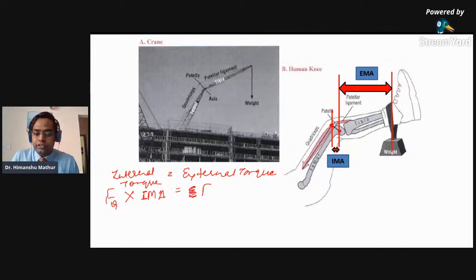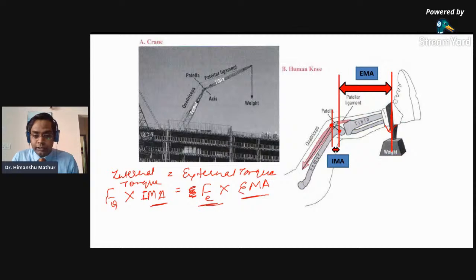I would rather write it as force E times the external moment arm. The external moment arm is the distance from the fulcrum to the external weight, which is mentioned here. This is the external weight, and this is the perpendicular distance, the external moment arm. Now, by cadaveric studies we know the internal moment arm, by normal measurement we know the external moment arm, and we know the force placed proximal to the ankle.